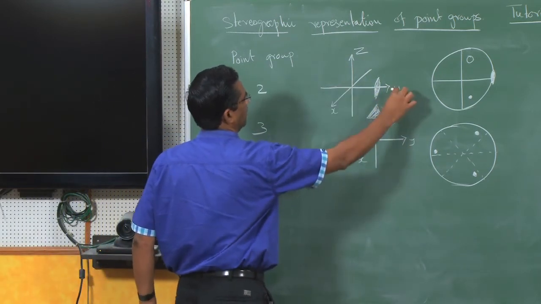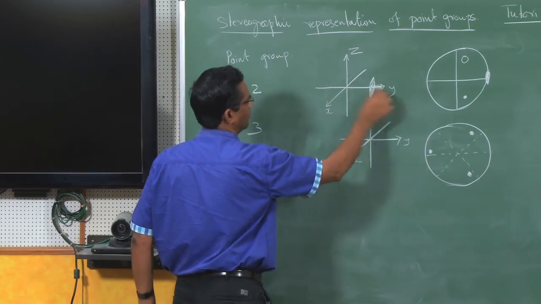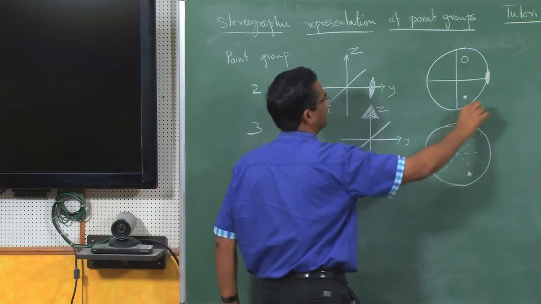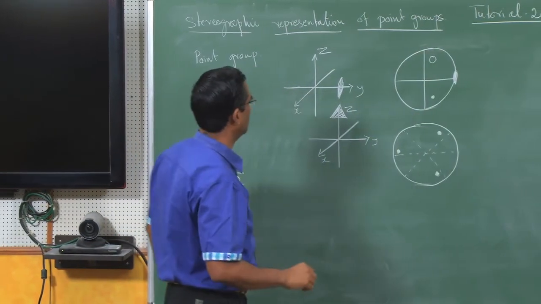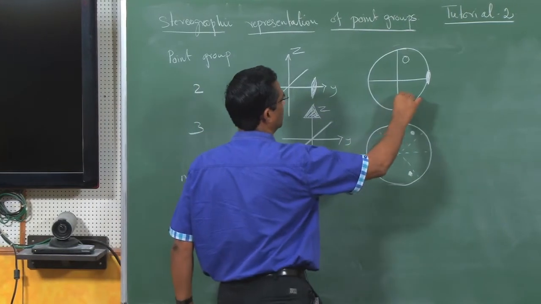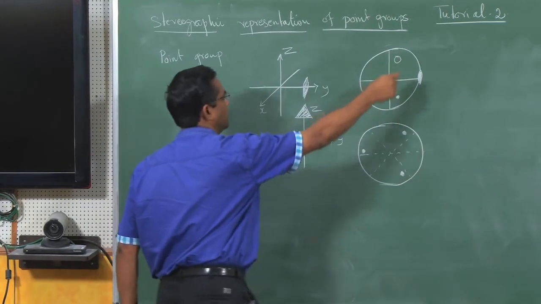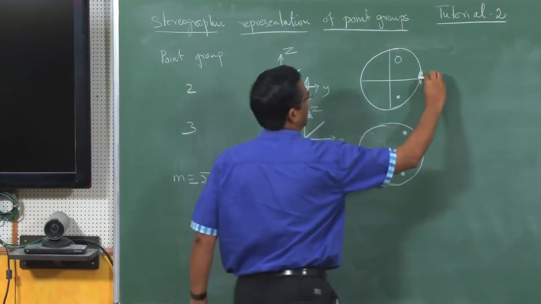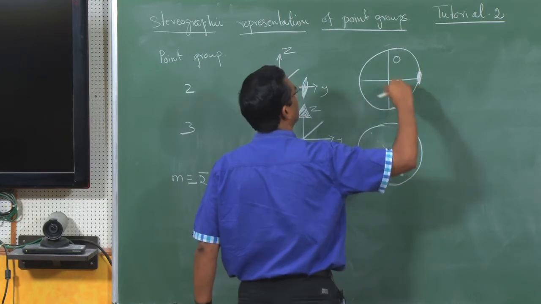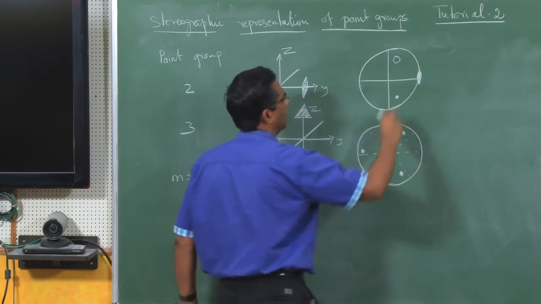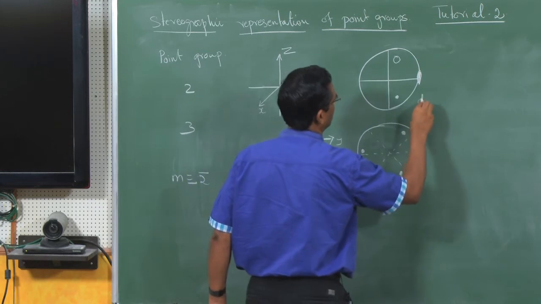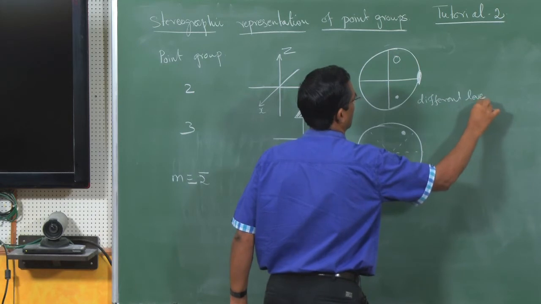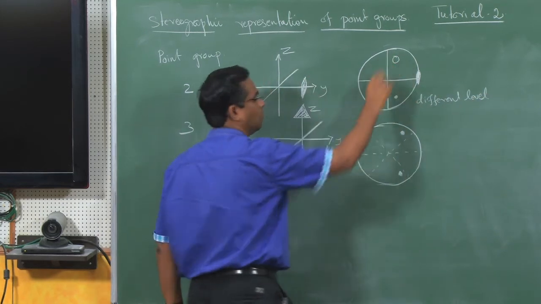For point group 2, you have the rotation axis along the y. Suppose this is shown on the stereographic projection. Suppose you have a point here, if I do C2, that is rotation of 180 degrees. If I rotate like this, it will go to the other end, but at a different level. This is on the top and this will go to the bottom.